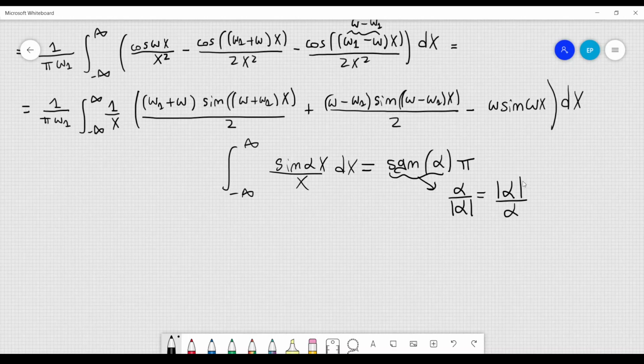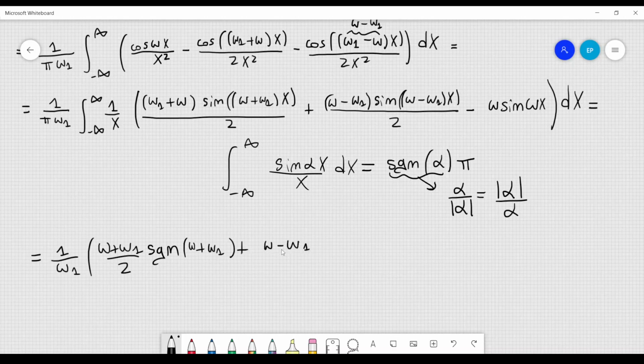That's just the same. Therefore, here we get that this is equal to 1 over omega 1 times (omega plus omega 1) over 2 signum of (omega plus omega 1) plus (omega minus omega 1) signum of (omega minus omega 1) over 2 minus omega signum omega.